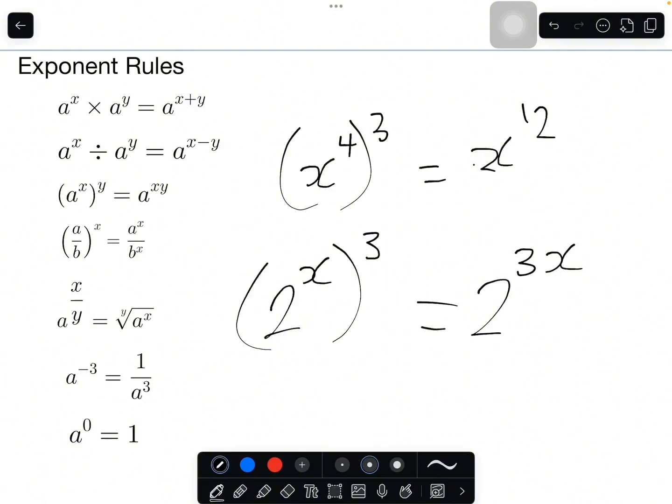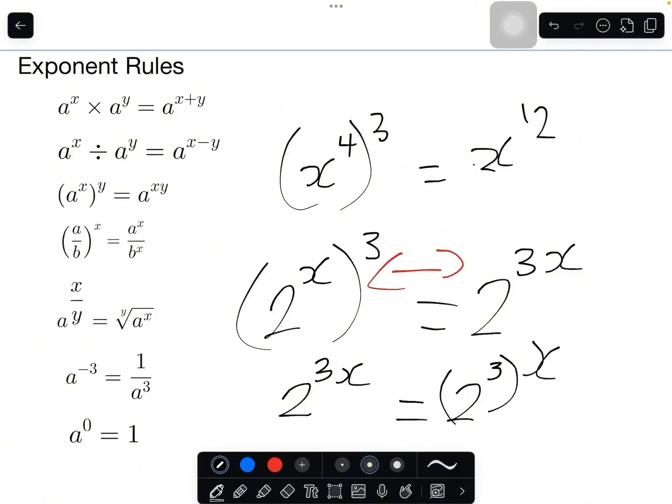It's also important to note that I can work forward and backwards when doing this. So I can convert 2 to the power 3x and look at it as 2 to the 3, to the x. You see that? Either or, depending on what you want to remove as a common factor. And that can then become 8 to the power x. These are all the same.